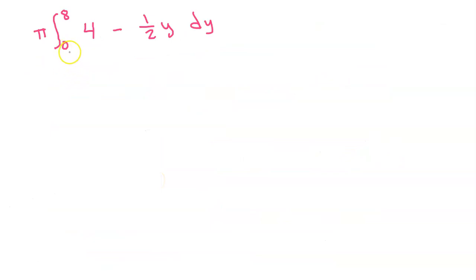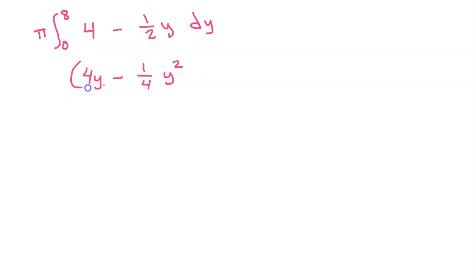We could have evaluated this integral pretty easily without a calculator, so I think we should do it for practice. The antiderivative of 4 is 4y, and this y will become y squared. Then we divide by the new exponent. 1/2 divided by 2 is 1/4.